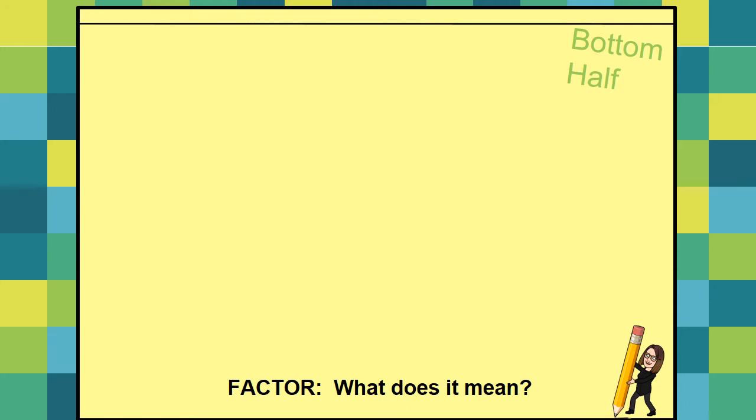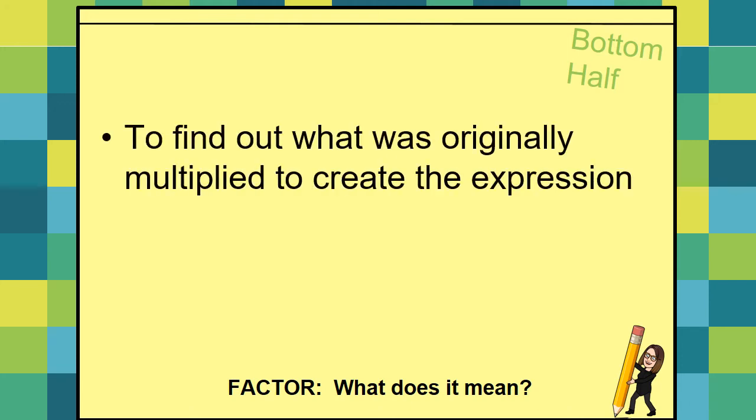All right, let's take a look at the bottom half now of that same page. For factor, what does it mean? Let's talk about what it means to factor. First, to find out what was originally multiplied to create the expression. That's what we're going to do.